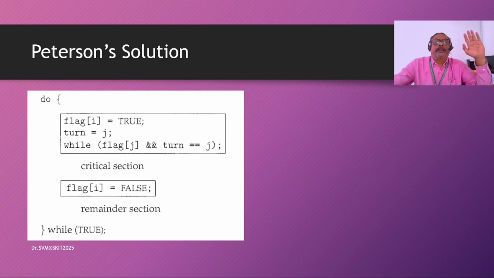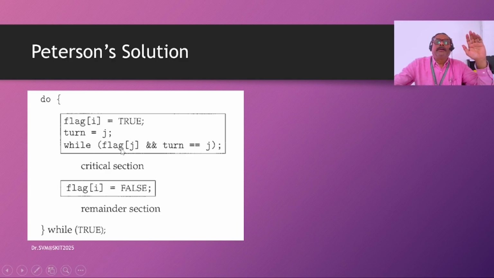Process I raises the flag, says I want to enter the critical section, but also says let J come first. If J is waiting, then let J get into the critical section.